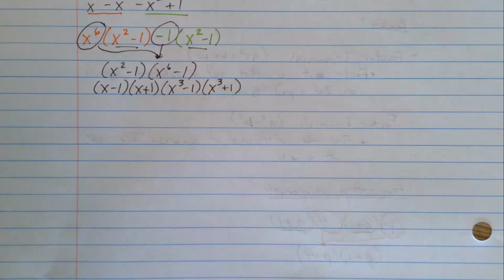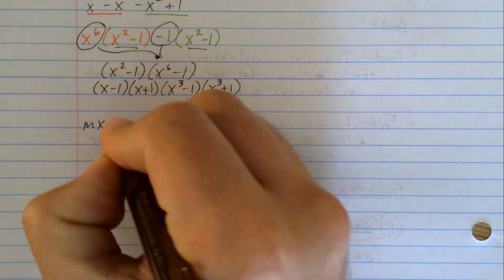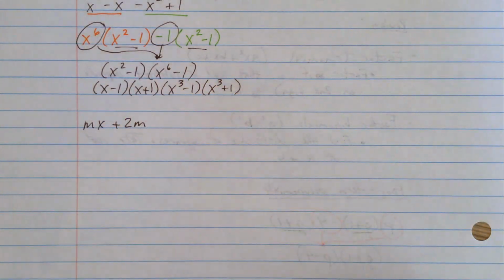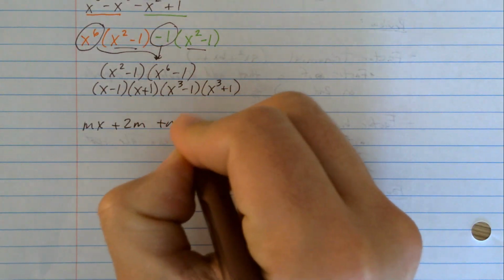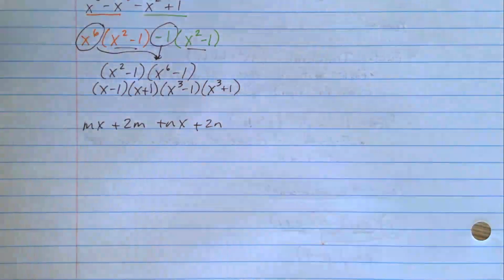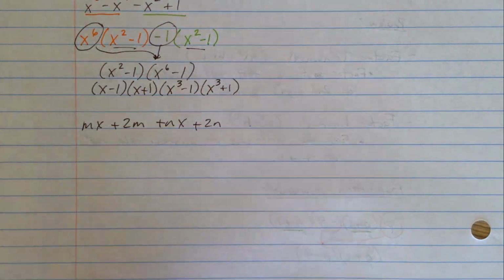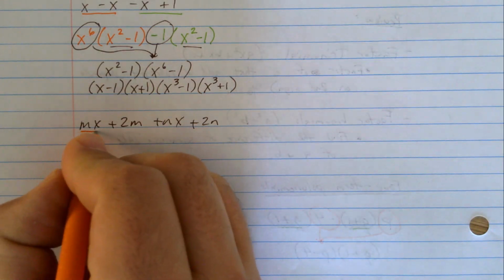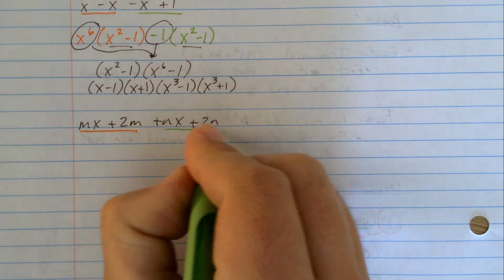All right, so next here we have mx plus 2m plus nx plus 2n. So even though we have variables here, we're doing the same. We got 4 terms. Look at the first 2 terms and the last 2 terms.